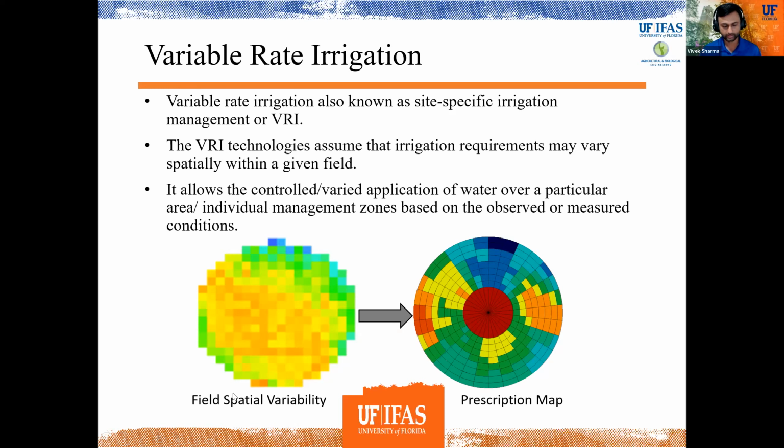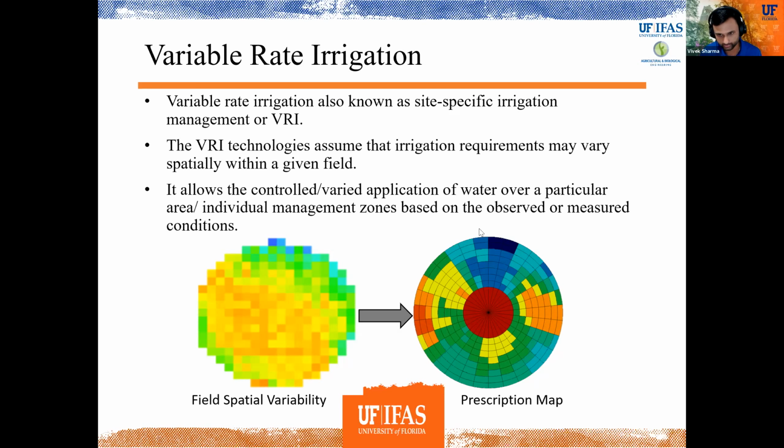For example, this map on the left-hand side is showing the spatial variability of a certain property, let's say soil moisture, in the field. And based upon that soil moisture variability, we developed the prescription map that we feed into the irrigation system so that the system can apply water variably. All those colors here on the right side are showing the different depths of irrigation.